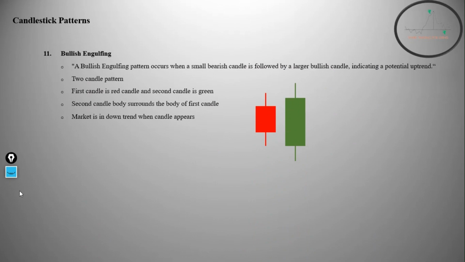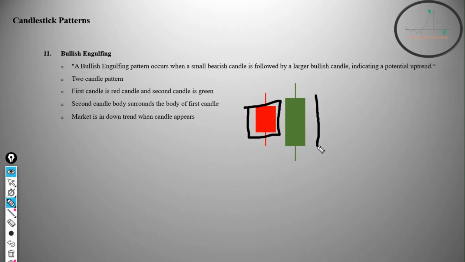The next pattern is the bullish engulfing pattern. Like the word says, engulfing. There is a red candle, and the next candle is green, and it engulfs the previous candle totally.